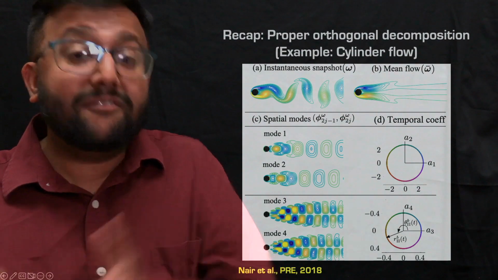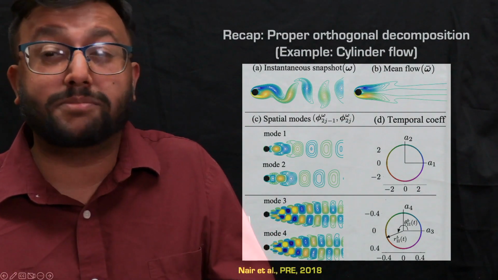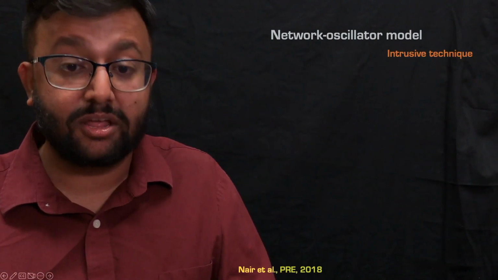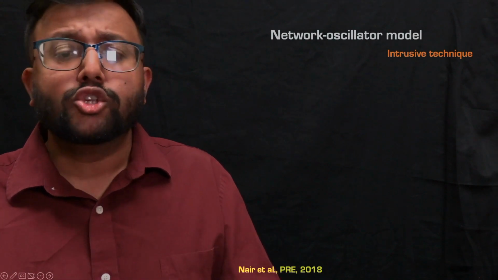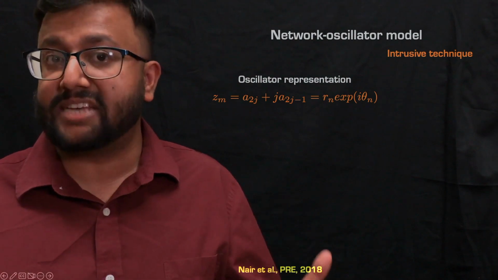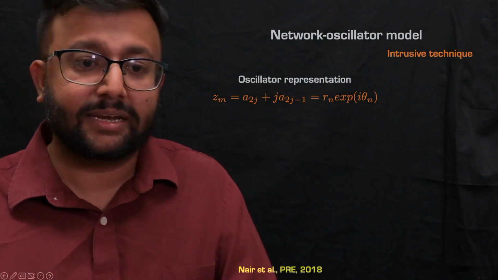So we can leverage this concept: when we do the POD decomposition, we are getting these conjugate mode pair representations to build a network oscillator model. First, we can represent an oscillator with a complex number z, which of course evolves in time.